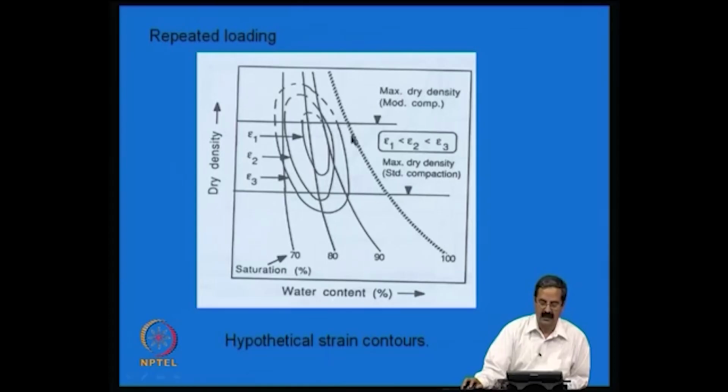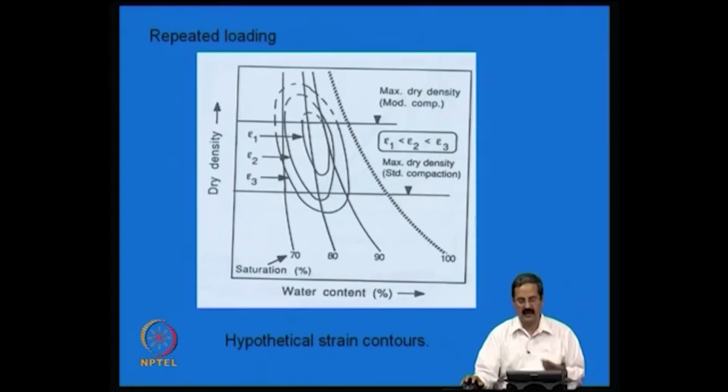Actually this is some result from published literature in which they used repeated loading testing, like the cyclic triaxial test, in which you would be interested in knowing what the strain levels are.